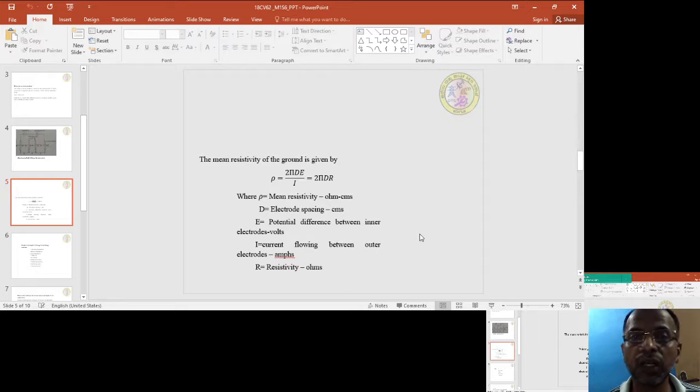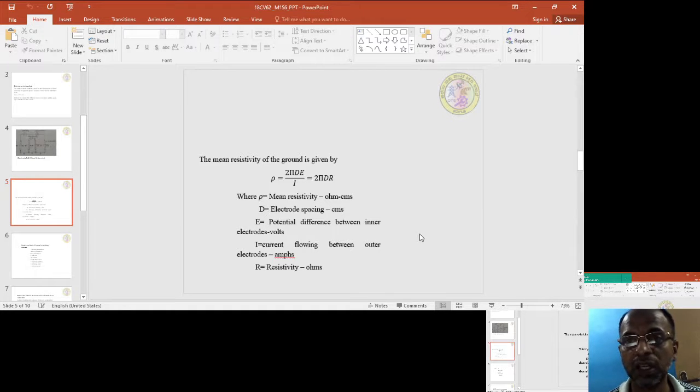Coming to the limitation of the resistivity method. This method has its own limitations, because whenever the water table is encountered, the table will give misleading results based on the field mean resistivity value.